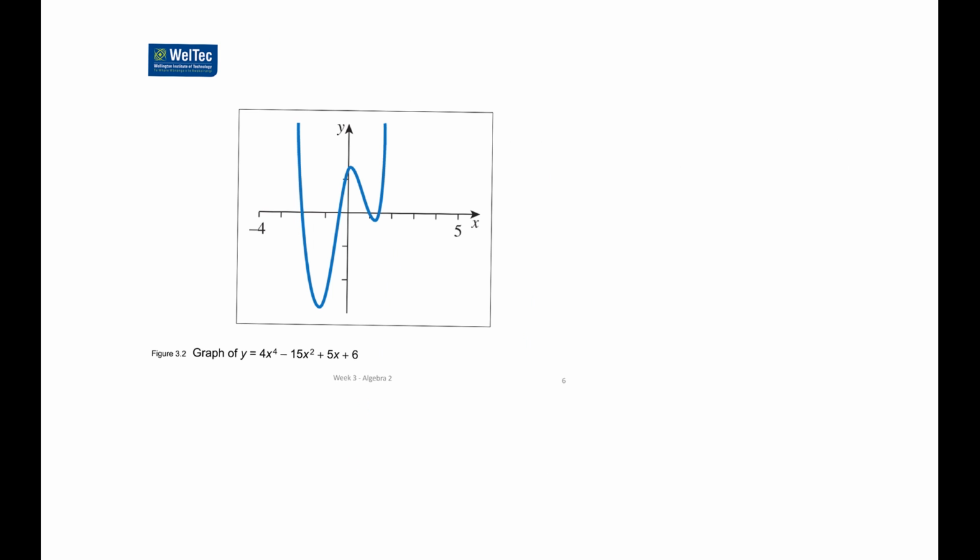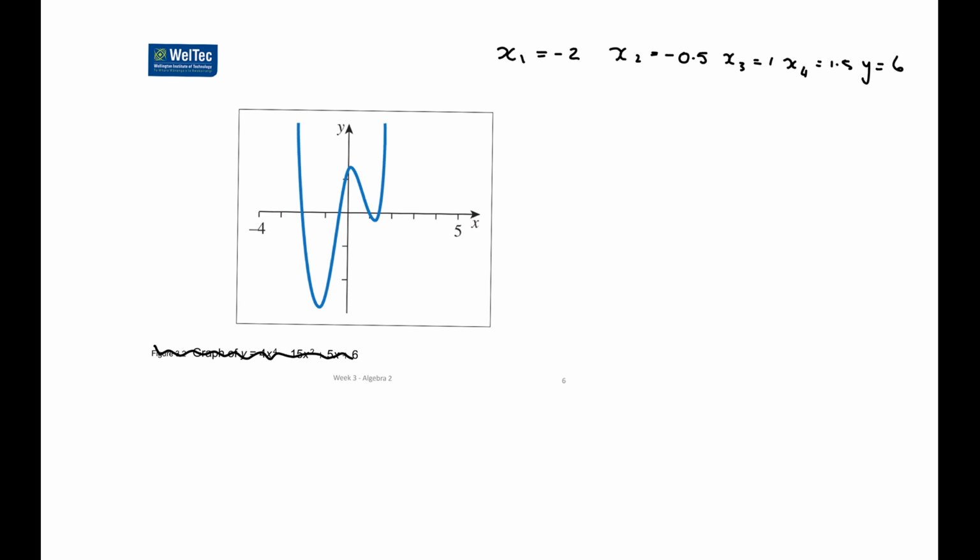Let's just pretend we don't know that for the moment. If we knew the intercepts, we could actually find the equation. So let's say that we know these intercepts, that x1 is equal to negative 2, x2 is equal to negative 0.5, x3 is equal to 1, and x4 is equal to 1.5. And suppose we know also that the y-intercept is 6.